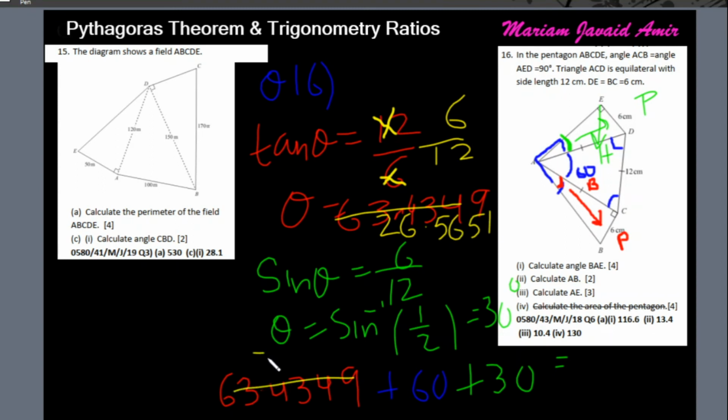This is also 26.5651. Add 90 to it and we get 116.6 as the rounded off answer. Okay, this was part 1.